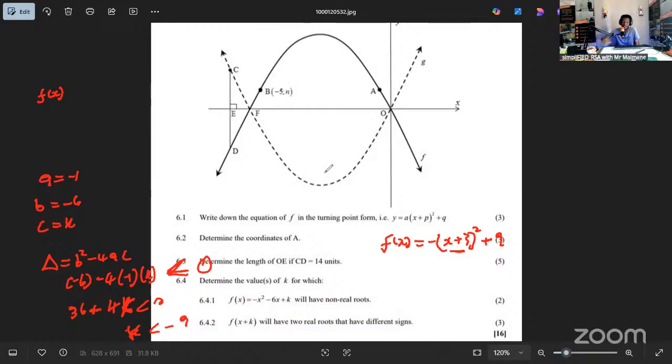Before you even approach this, you have to create your new f of x plus k. You know how to do that, right? From your f of x, which is minus x squared minus 6x, you just substitute the very same values inside.